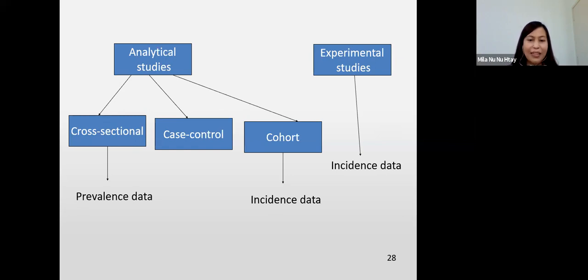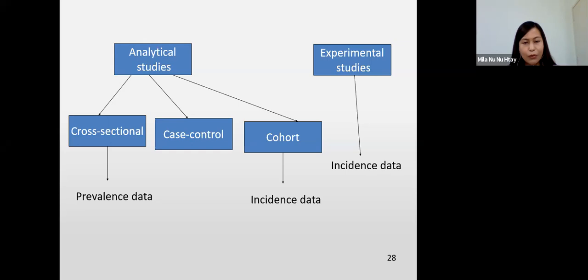Okay, so how about the case control study? The case control study is not included in this lecture series, but as an overview, according to the name, we recruit the cases, we recruit the controls. Then we ask about past exposure to the risk factor or any associated factor.